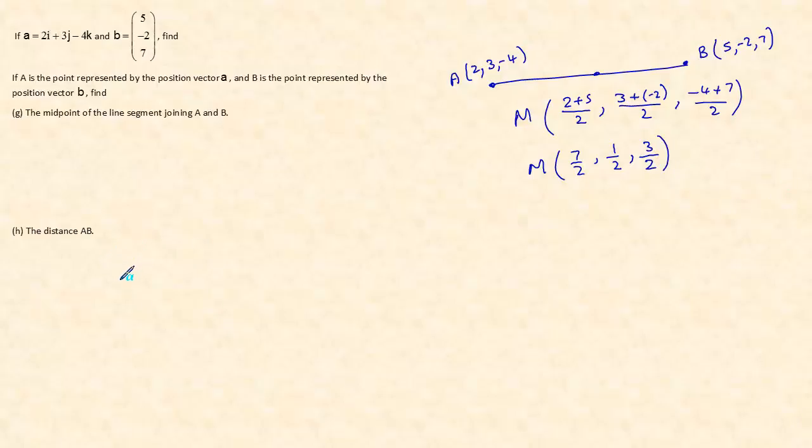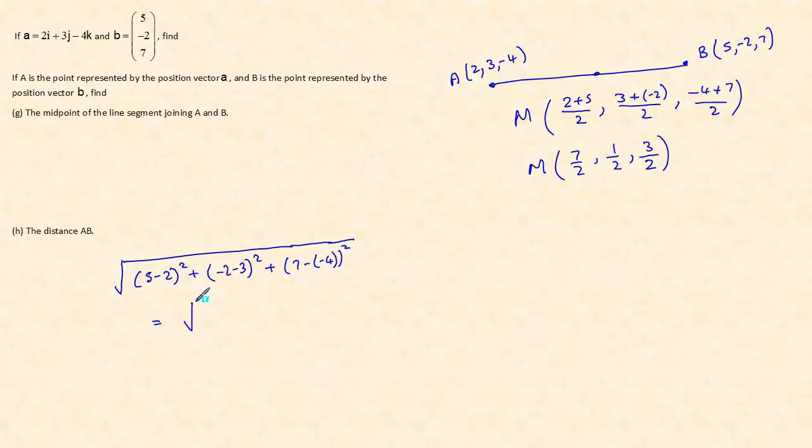And the distance AB is going to be the square root of 5 minus 2 squared, add negative 2 take 3 squared, add 7 take away negative 4 squared.